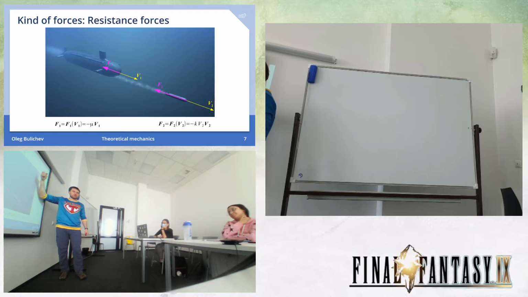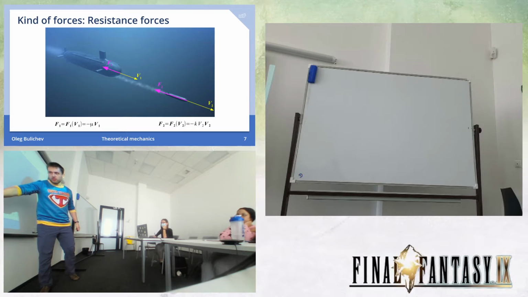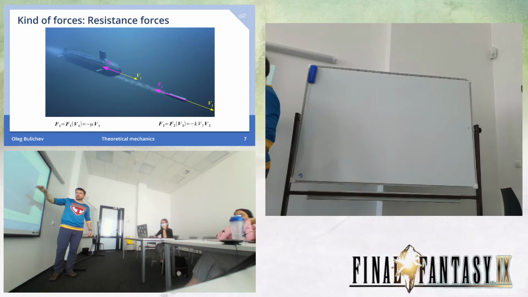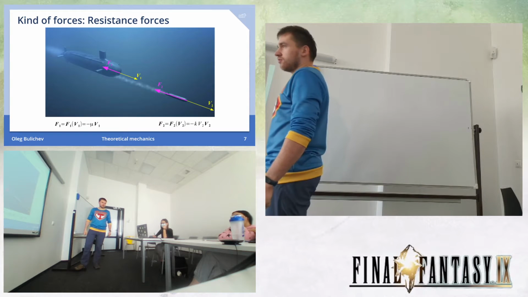When we have a running person, he is not very fast, so we can consider that the force is proportional to his velocity. If we are talking about a missile or a bullet and so on, we have to consider velocity squared.